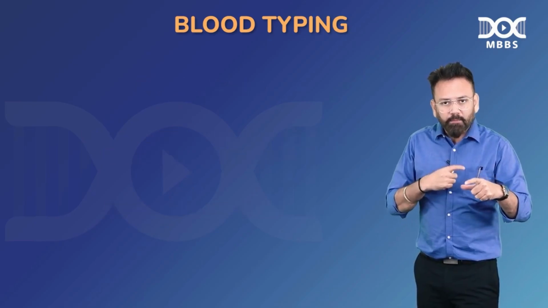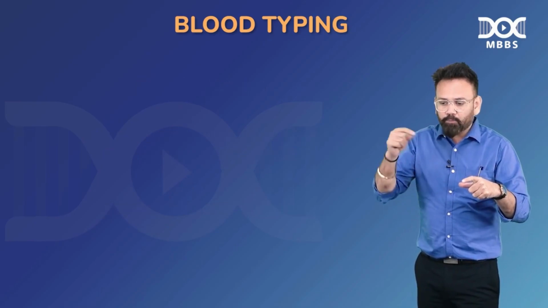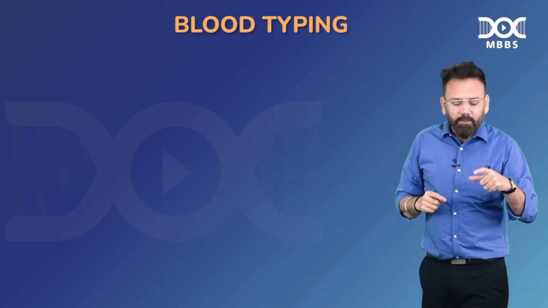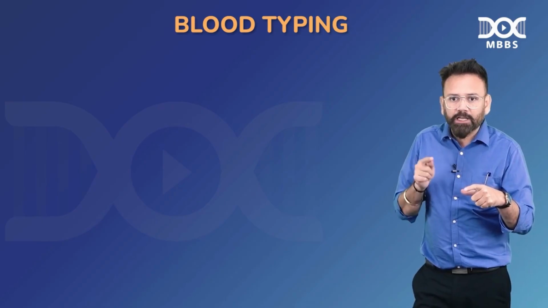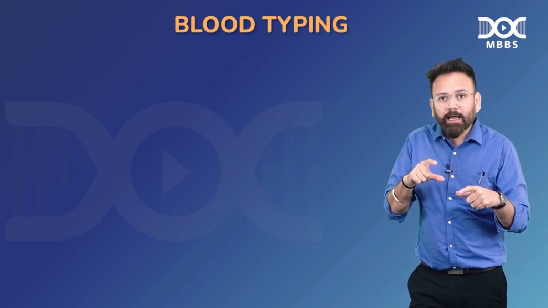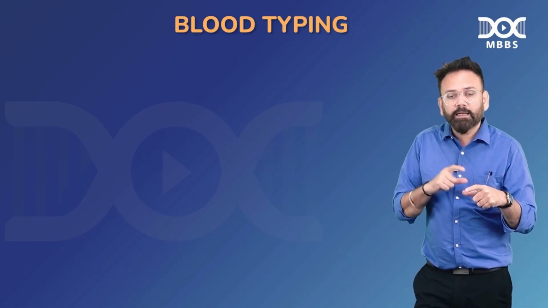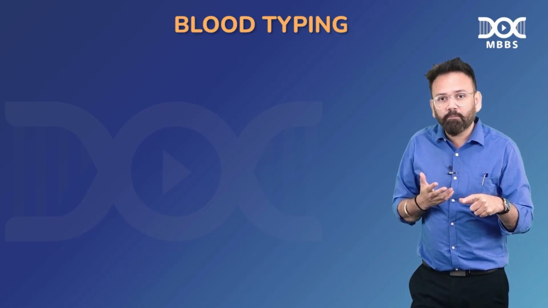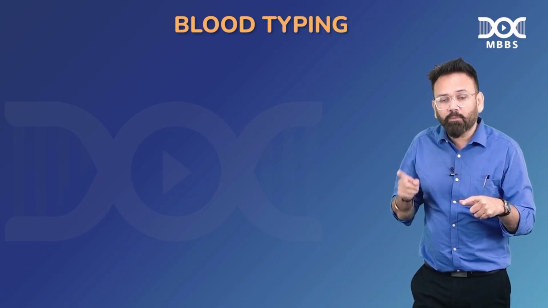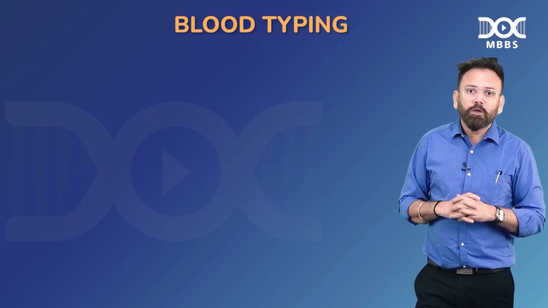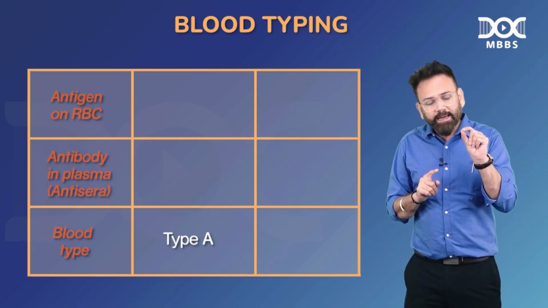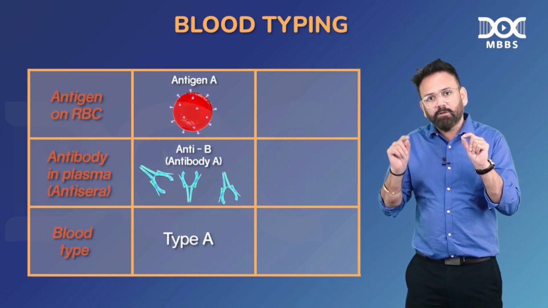Suppose I take my blood and add anti-B, anti-A sera and all. If agglutination happens with anti-B, it means my blood group is A, and it might have antibody for B. So remember that if I have blood group A, antigen will be A, antibody will be B.